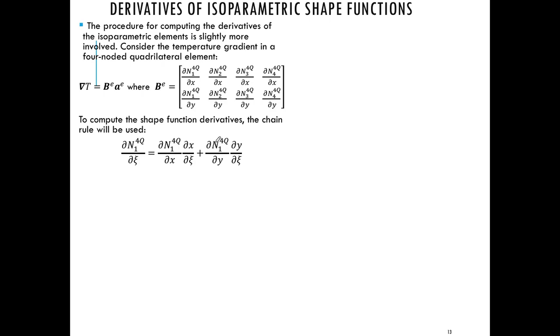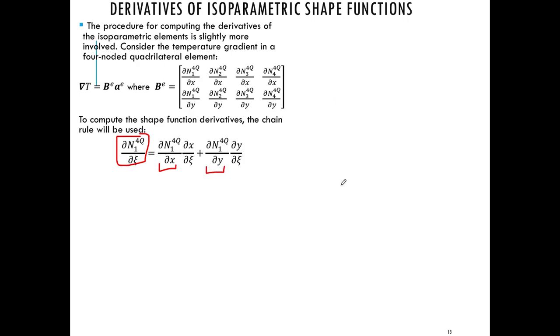So del n1 with respect to del y multiplied by del y with respect to del psi. Basically we've got our expression for something that we already know in terms of the things that we want to get to.